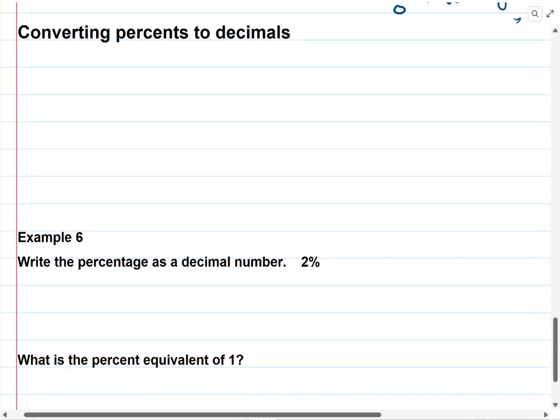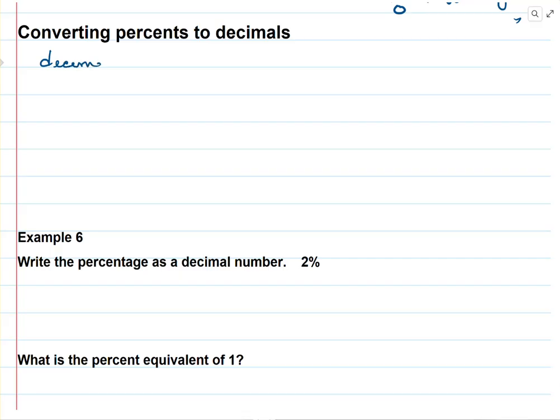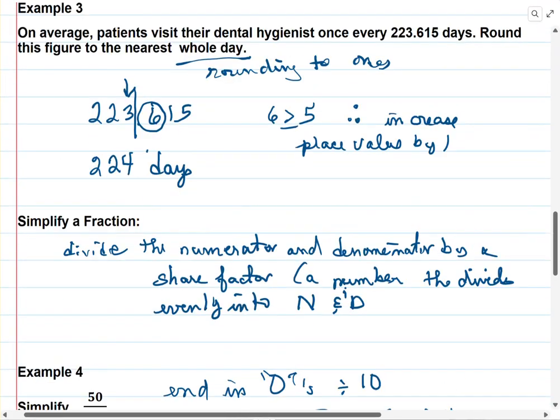Now, converting percents to decimals. Well, this is what we know, that a decimal is in place value. And the place values that I showed you above gave us the fraction.